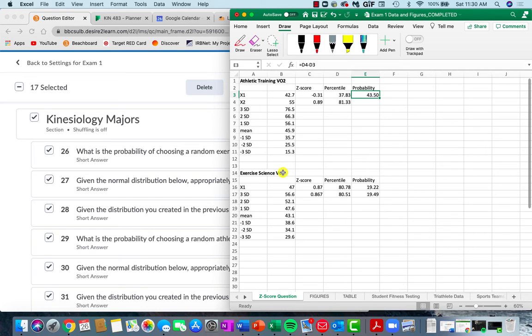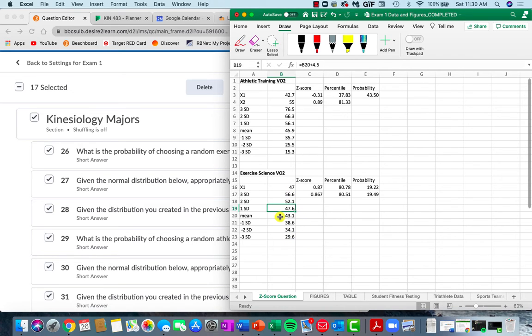You were given a list of different means and standard deviations for different kin major groups. For exercise science, the mean was 43.1 and the standard deviation should have been 4.5. There were a couple of acceptable answers for this portion.